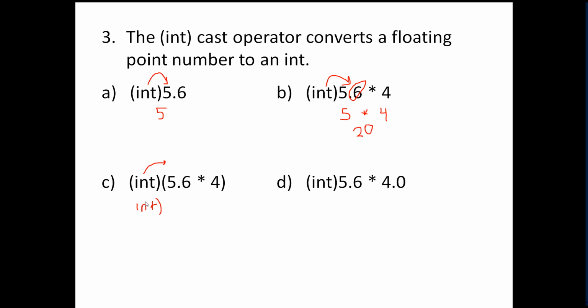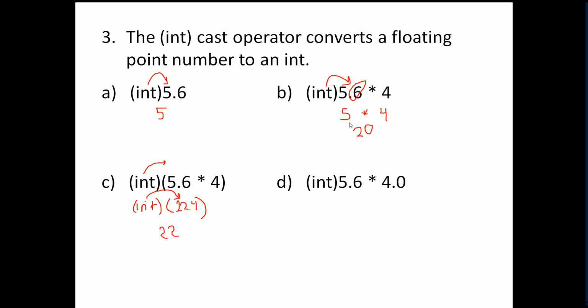So we keep the int here because it's not being used yet, but inside the parentheses, 5.6 times 4 is 22.4. Now the int cast operator gets applied. It casts a spell on the 22.4 and makes it 22.